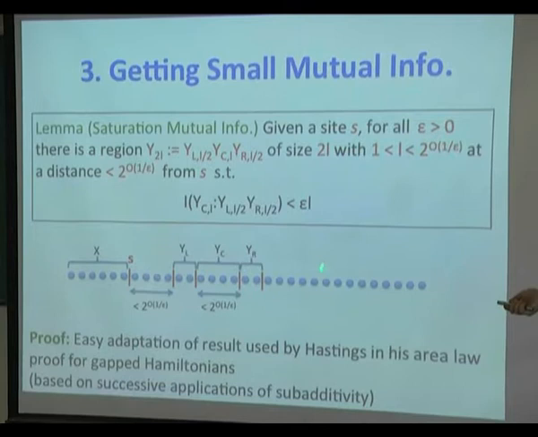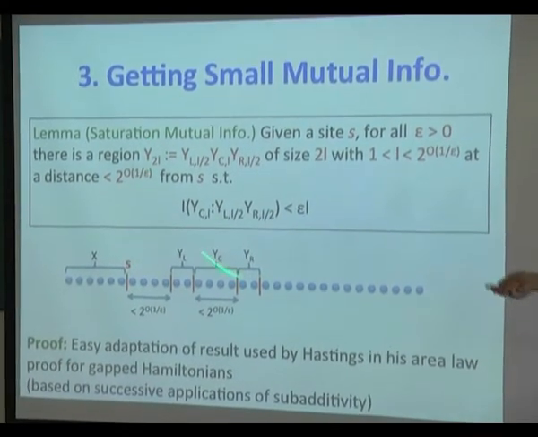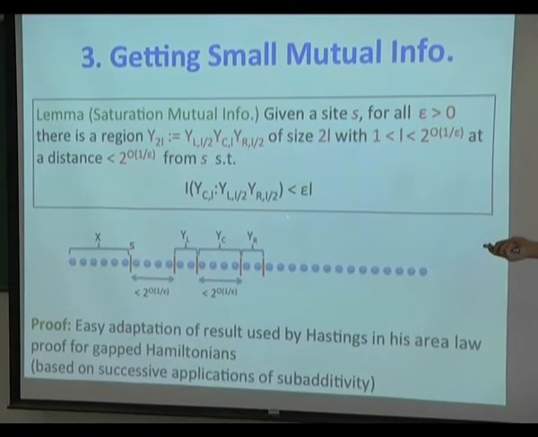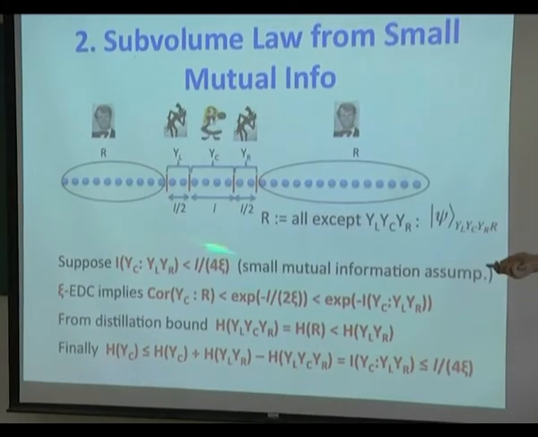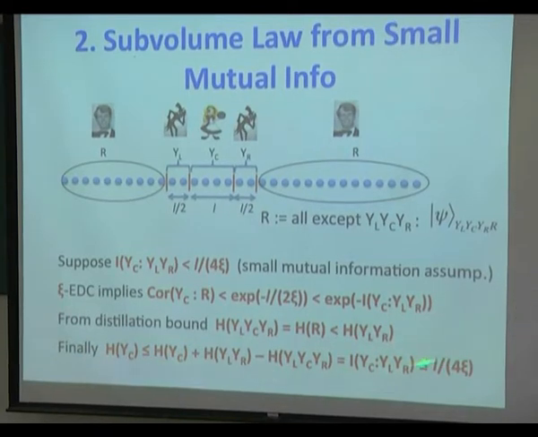So, with this result we are done, right? With this result we find the region, and epsilon can be anything. We choose epsilon equals 1/4 correlation length. So this region exists. We go back here, this assumption is true, and therefore we conclude the subvolume law for the region YC.